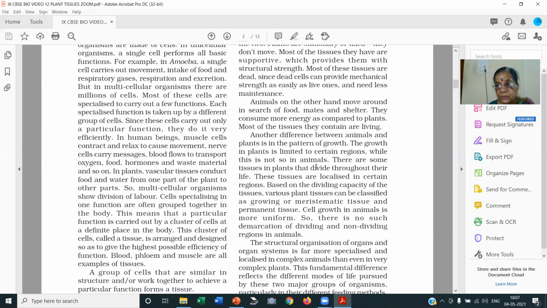Plants will grow throughout their life, whereas animals stop growing after attaining maturity. In plants it is limited to certain regions. I hope you follow. There are some tissues in plants that divide throughout their life.